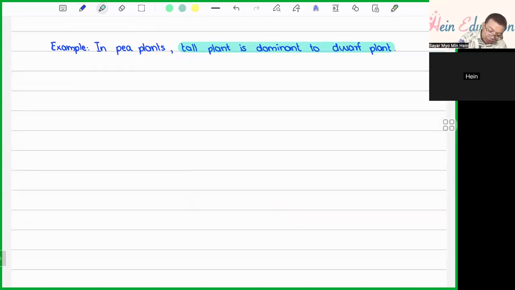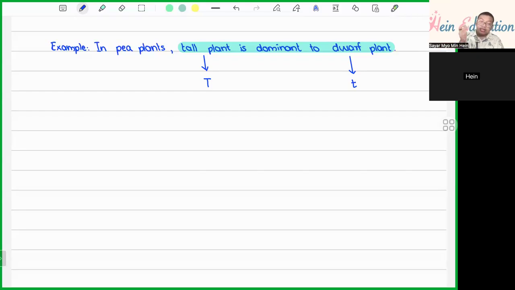So let's use capital T because it is a tall plant, right? For the tall plant, which is dominant, we represent it with capital T. And for the dwarf plants, we represent with small t, because it has to be the same alphabet. If you use capital F, then it should be capital F, small f. If it is D, it will be capital D and small d. So the dominant character is a capital letter and the recessive character is a small letter.